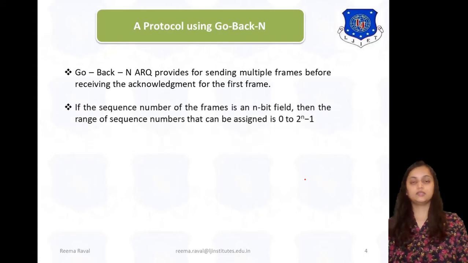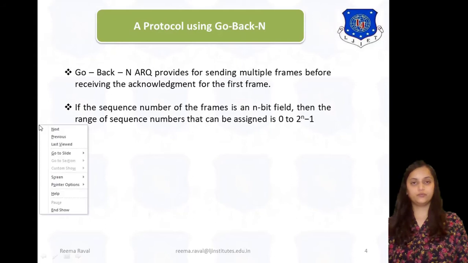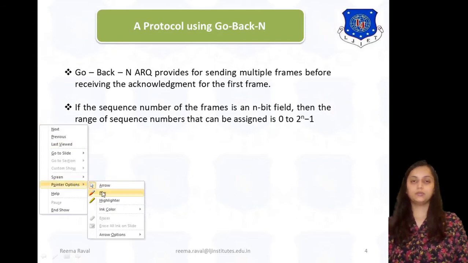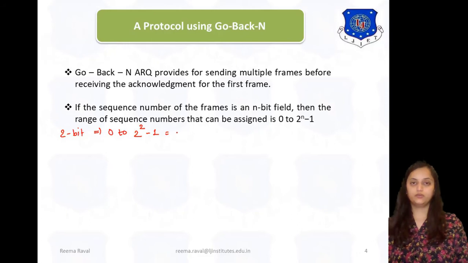If the sequence number of the frame is an n-bit field, then the range of sequence numbers that can be assigned is 0 to 2 raised to n minus 1. For example, if the sequence number of the frames is a 2-bit field, the range will be 0 to 2 raised to 2 minus 1, that is 4 minus 1, which is 3.